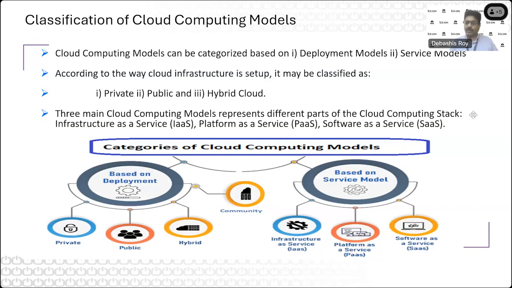It can be ERP, it can be the databases provided by the cloud. There are many managed databases provided by the cloud itself. There can be many storages provided by the cloud and the way you are accessing them. So these come under software as a service.